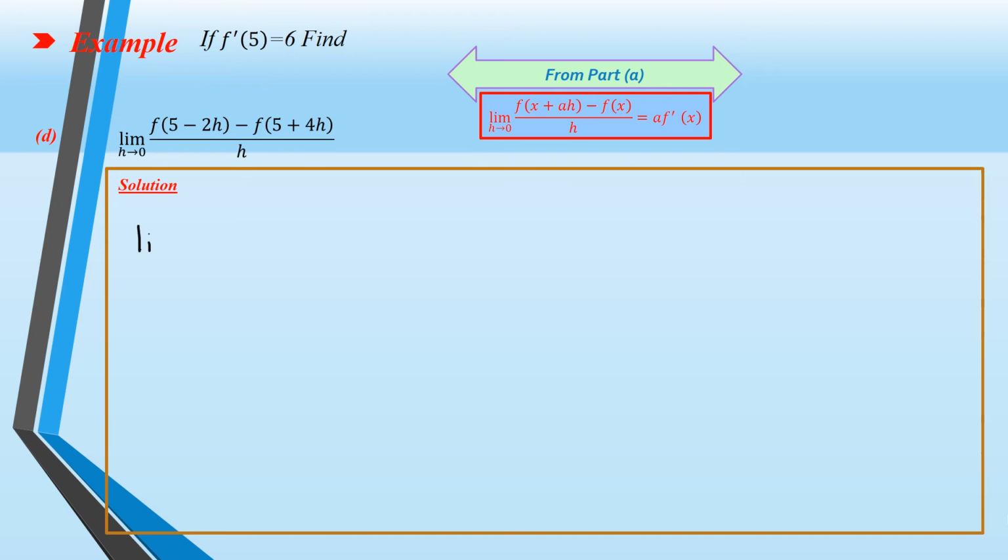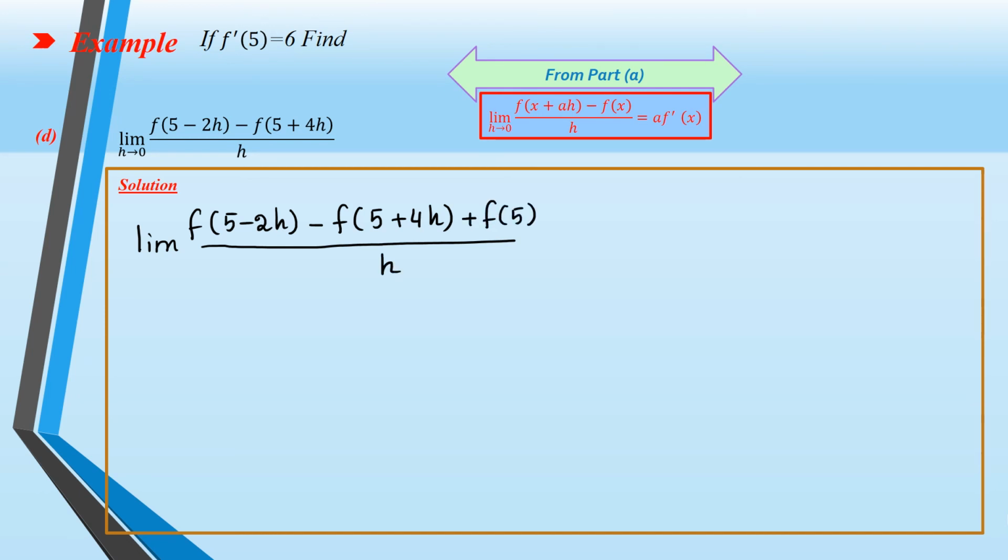So we have the limit of f of 5 minus 2h minus f of 5 plus 4h, divided by h, and you have to add f of 5 and subtract f of 5. Next you have to group the terms.